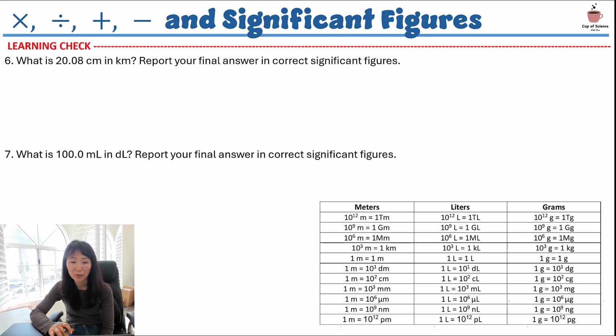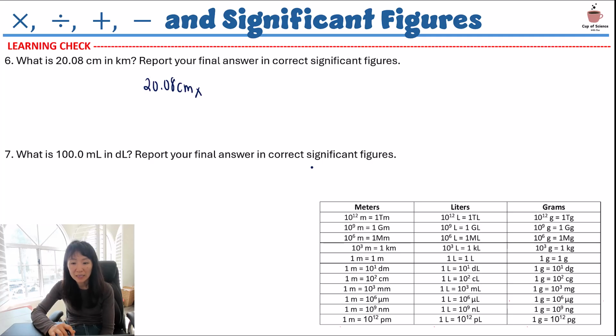You will have to go through multiple steps on this one. Let's try the first one together and you can try the second one. It says to report 20.08 centimeters in kilometers. So report your final answer in the correct significant figures. We start off with 20.08 centimeters.